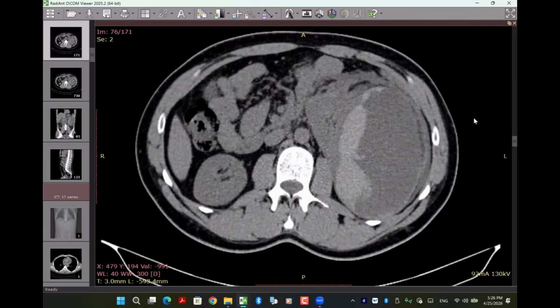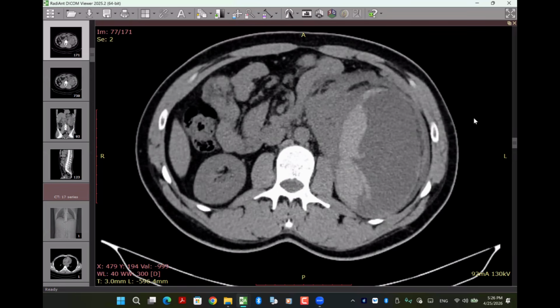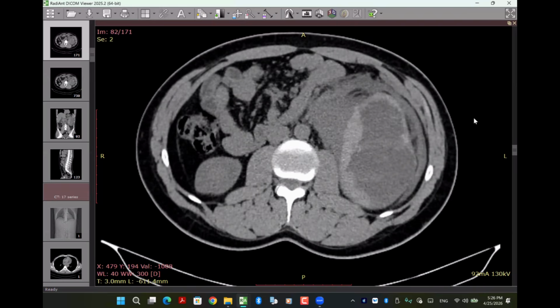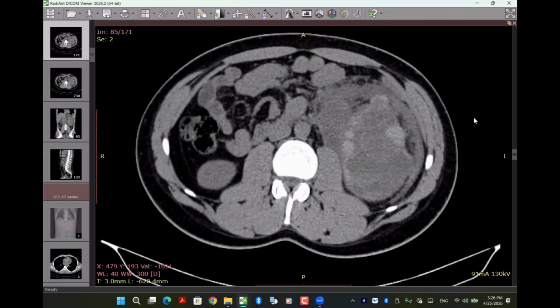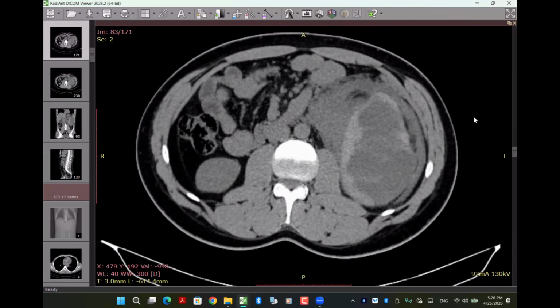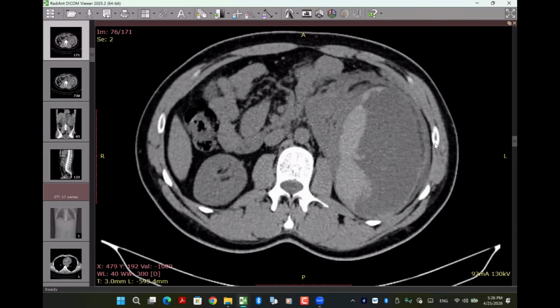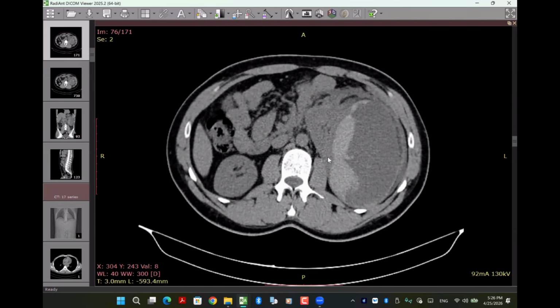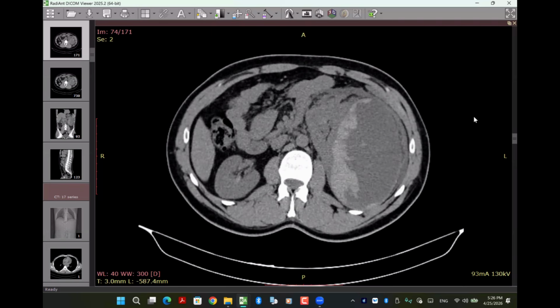So this is involving the pararenal space on the left side, extending posteriorly and involving the inferior pararenal space. Thickening is noted, which has high density in it. So I am considering if the patient has any history of trauma.